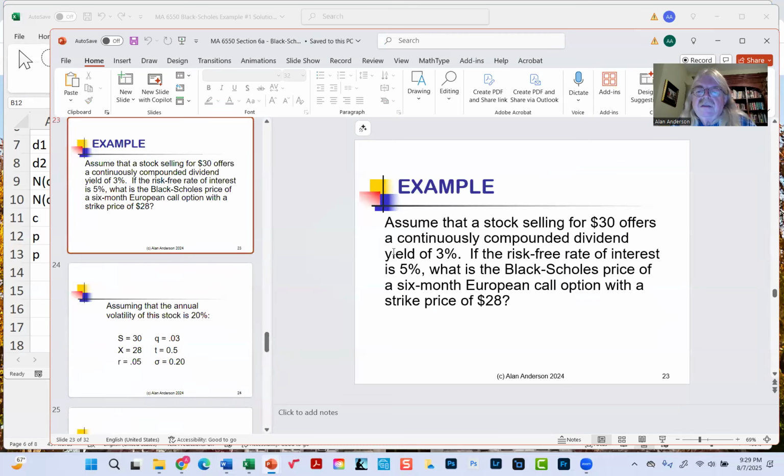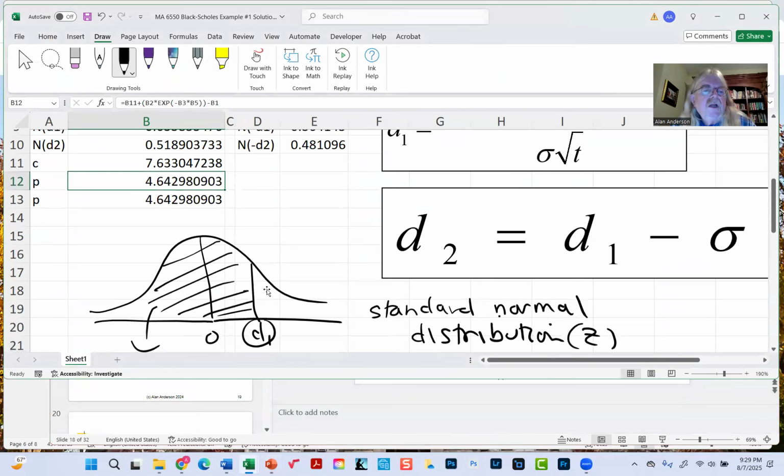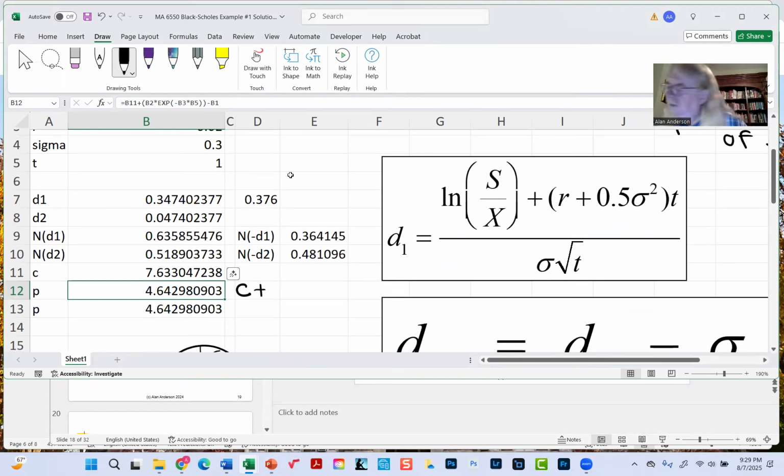All right, so I guess it comes up later, but what this formula is here, based on the Excel information, is C plus X e to the minus RT minus S. So this is clearly the put-call parity one.